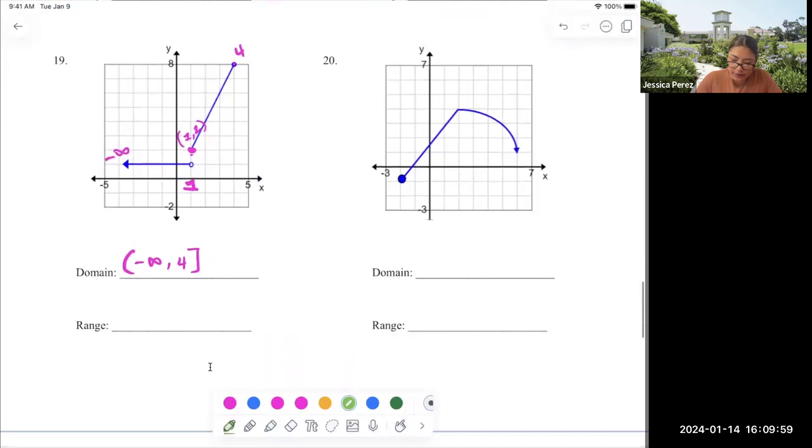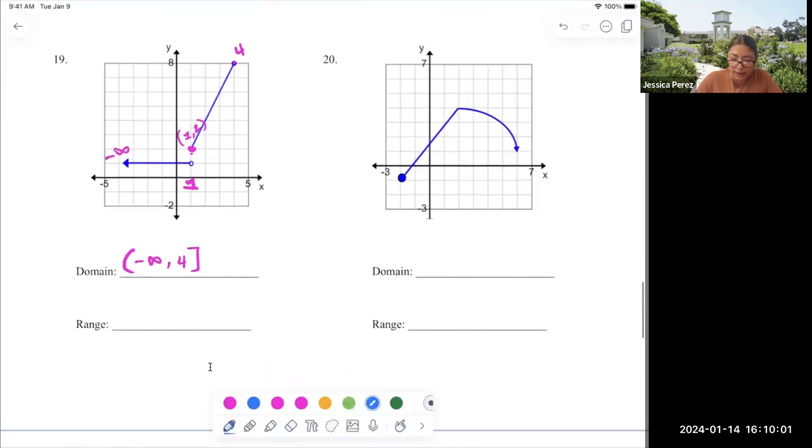The difference is on my y value, my range. Now range here, this is an open dot, so the lowest point is at 1. And then it jumps to 2. So that's different.